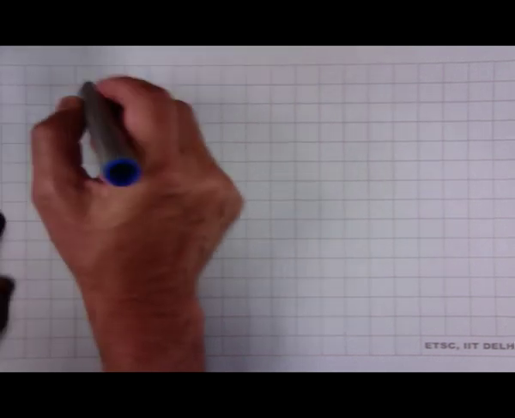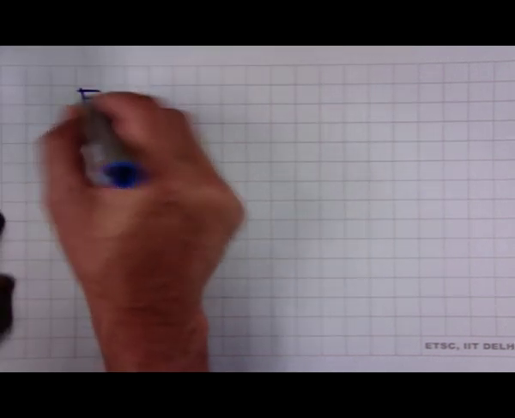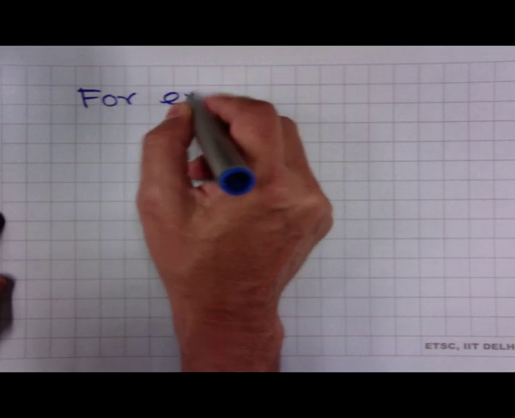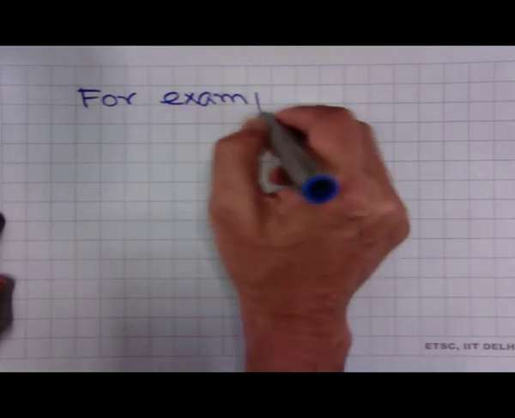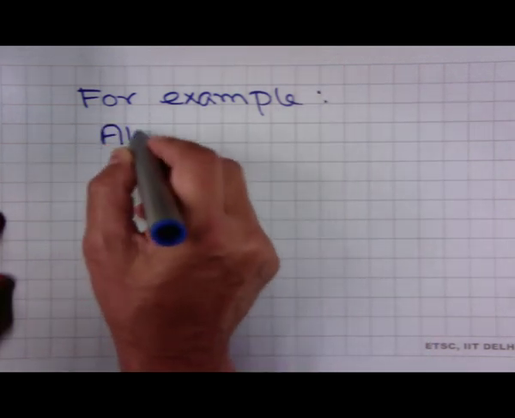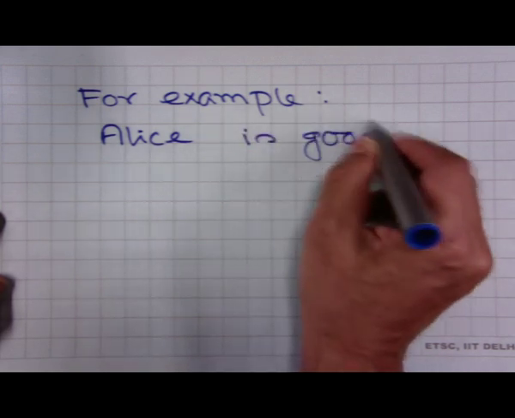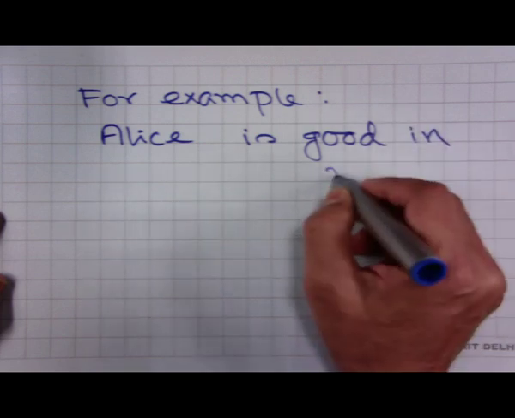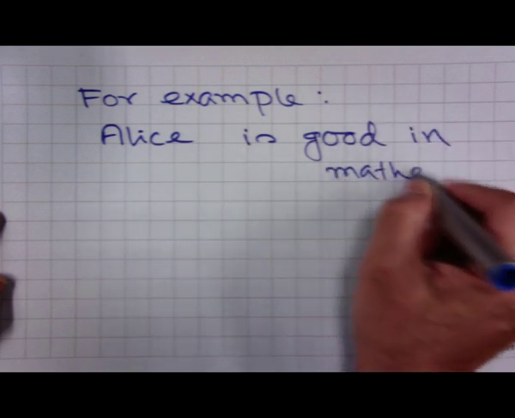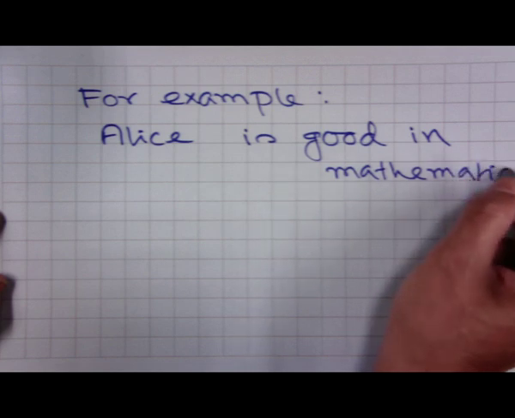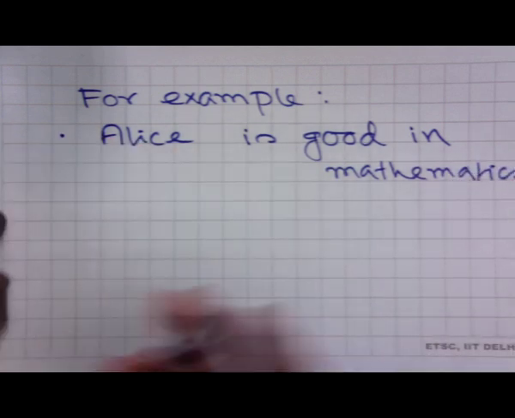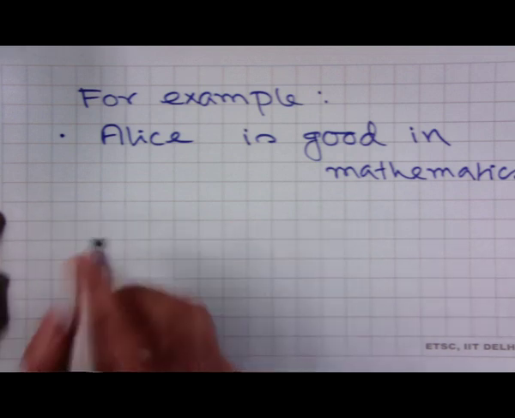Say for example, consider: Alice is good in mathematics. This is one fact that is given to us.